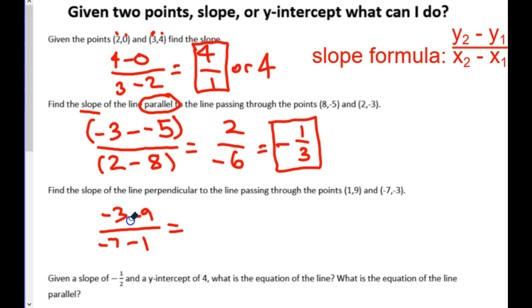On top, negative 3 minus 9 is negative 12. And on the bottom, negative 7 minus 1 is negative 8. Negative divided by negative is a positive, and then 12 over 8 reduces to what? 3 over 2.